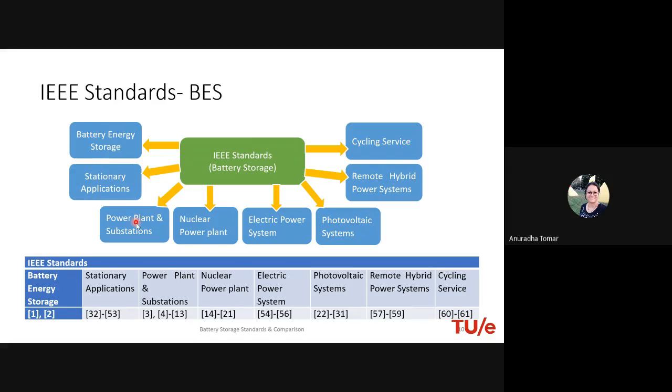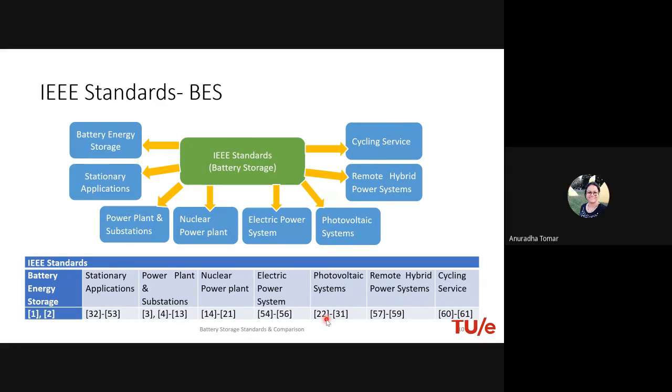Then the standards for power plants and substations, for nuclear power plants, electric power systems, and photovoltaics are segregated in different categories. For the photovoltaic system, you can see 22 to 31, almost nine standards are there.